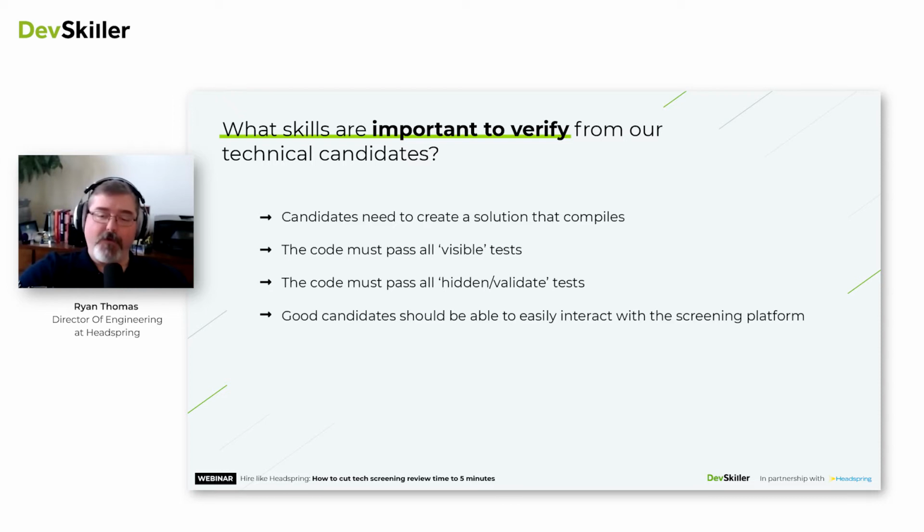The previous method of this exercise is that we would give them the set of requirements and features that they needed to build. We leave it completely up to the candidate to implement that however they see fit, including whichever language they feel most comfortable implementing it in. And as a result, when we got this bespoke exercise back, the engineers who would review that would have to download the code from Greenhouse, extract it on their machine, find a way to run it.